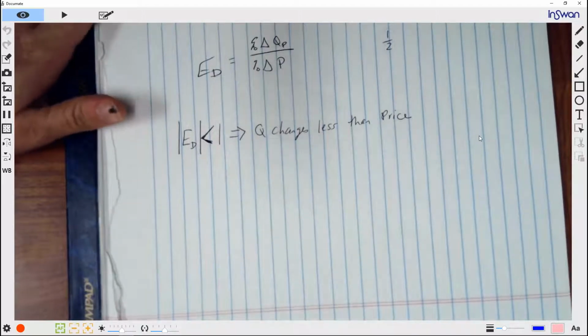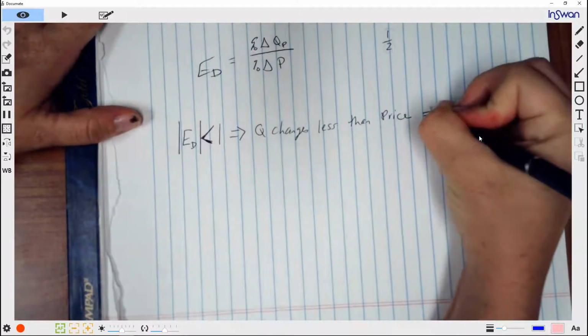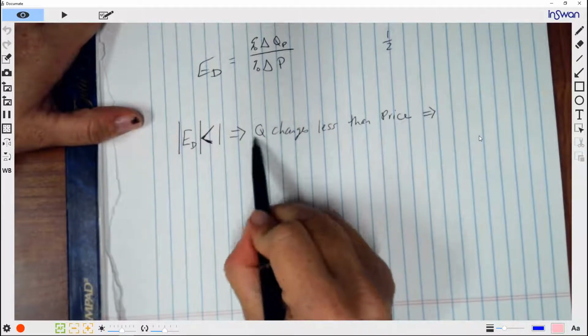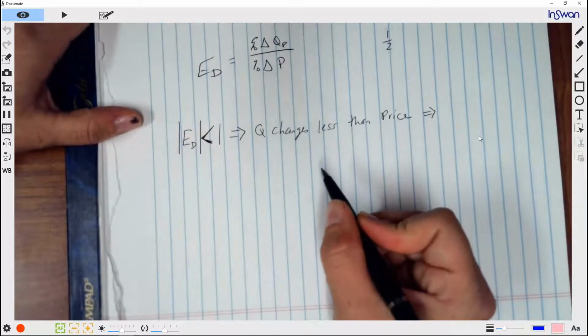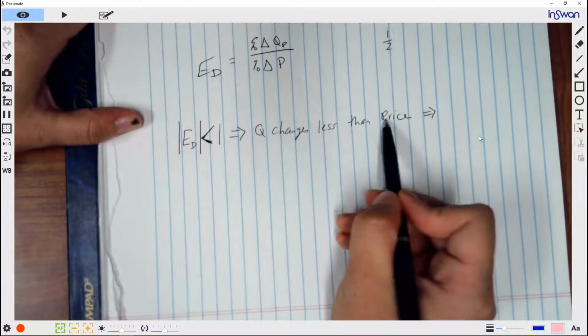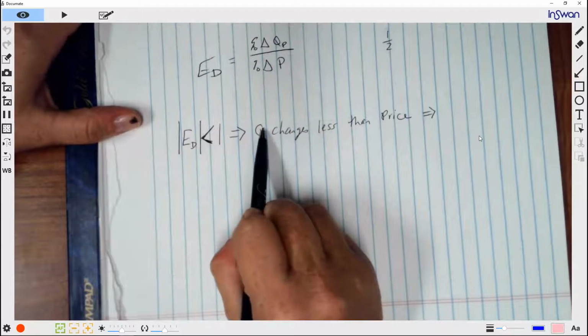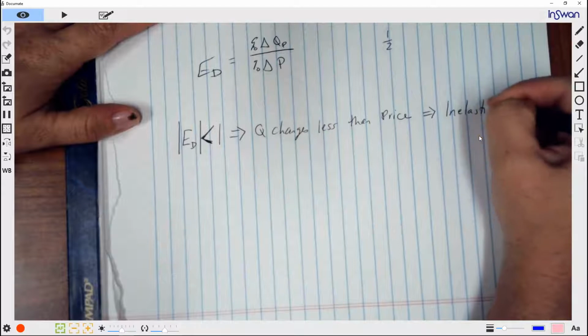The quantity change is smaller than the price change, which tells me that the quantity demanded is not very responsive to a price change. You can change the price a lot, and it doesn't change the quantity as much. This is inelastic demand.